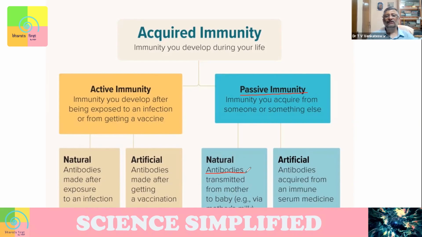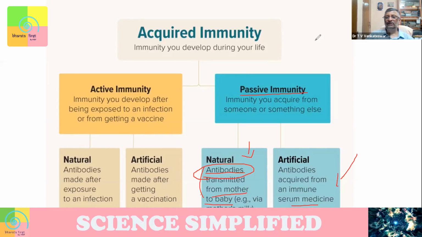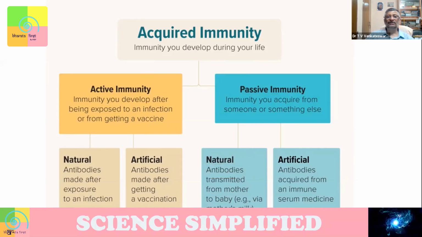Similarly, antibodies, when they are produced, will decay, and then you have to produce new antibodies. So with passive immunity, once the antibodies decay, there is nothing left in your body. It lasts only as long as the mother is feeding the baby, or only as long as you are giving plasma therapy, that the antibodies will be replenished. This is what happens in passive immunity.